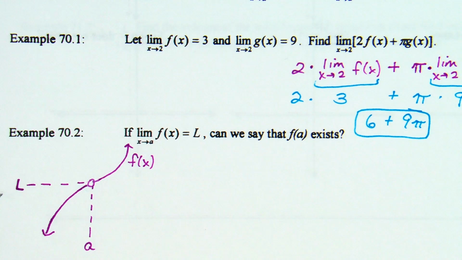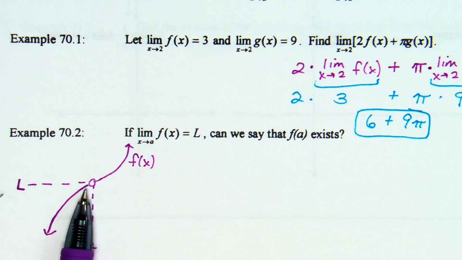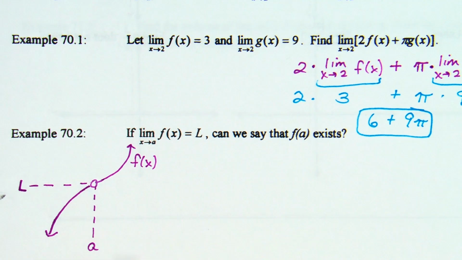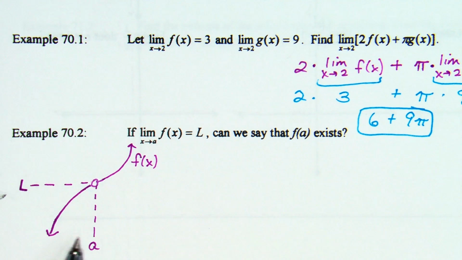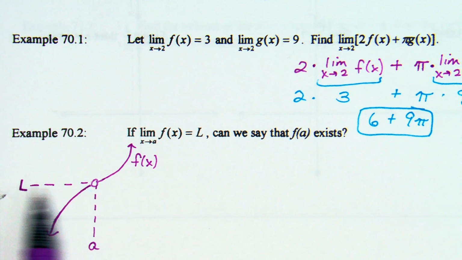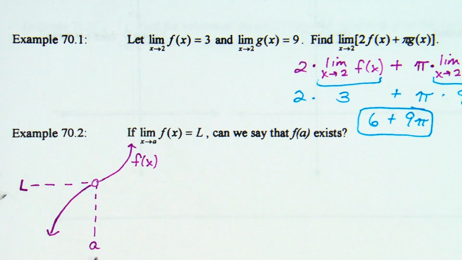So can we 100% guarantee, do we know for sure that f of a exists? No, because like the example I just drew here, there's a hole there. Just because this limit exists does not even mean that f of a is equal to L.